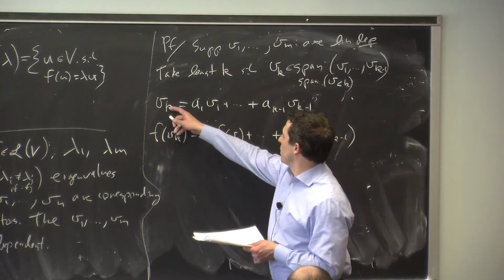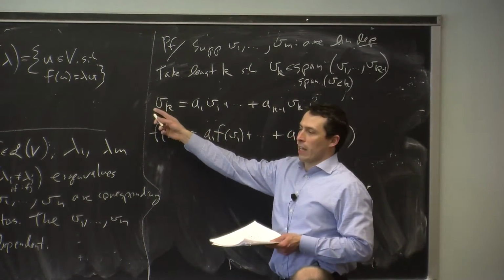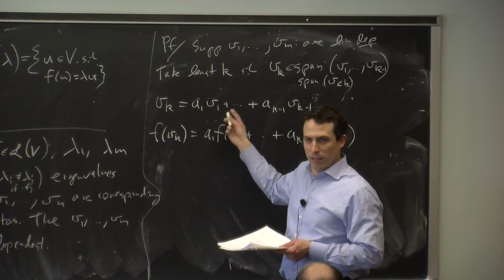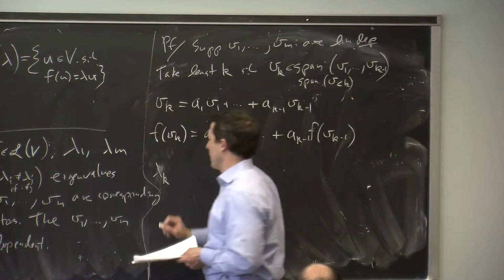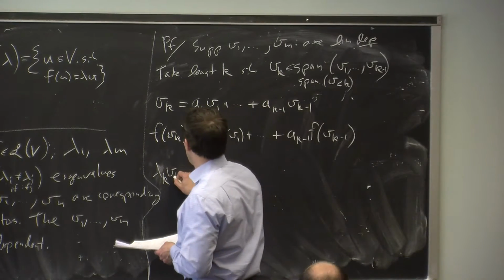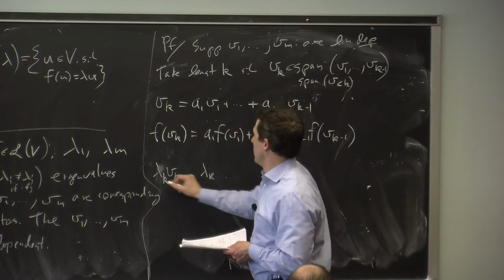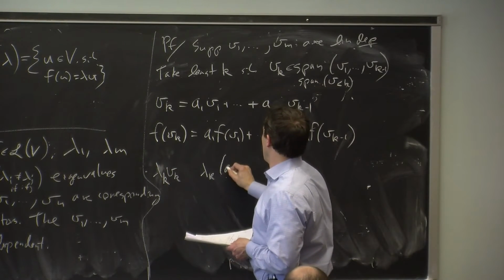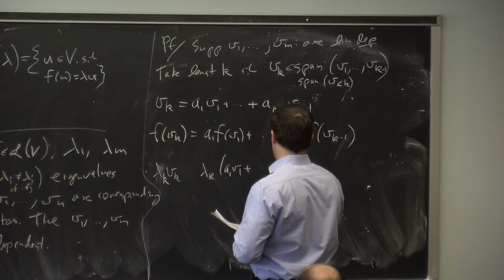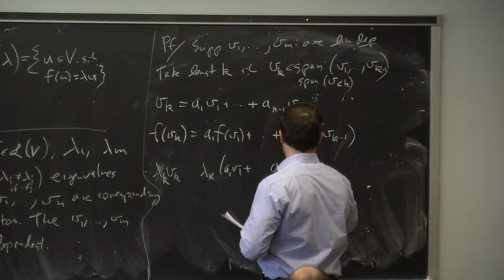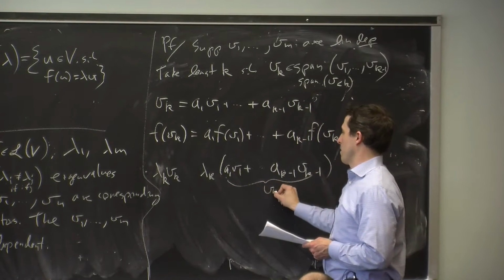Now, since vk is equal to this sum, if I multiply vk by a constant, I multiply that side by a constant, they're still equal, and I can subtract them. So let's pick a good constant, lambda k, multiply vk by lambda k. That's equal to lambda k times a1 v1 up to a k minus 1 vk minus 1, because this thing is just equal to vk.